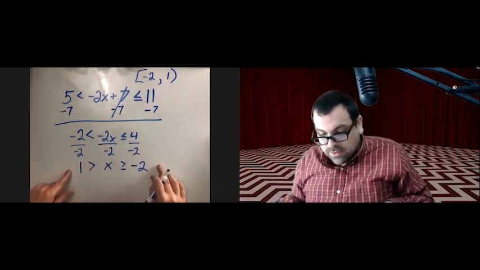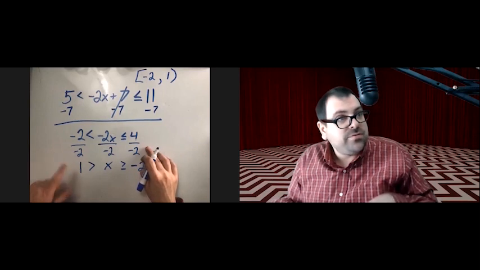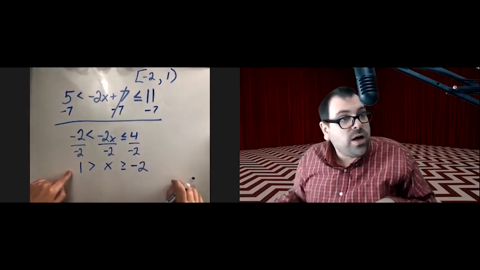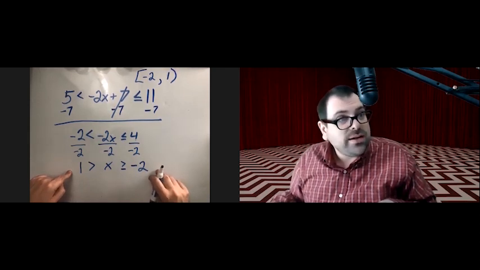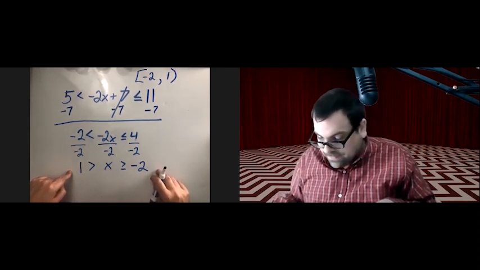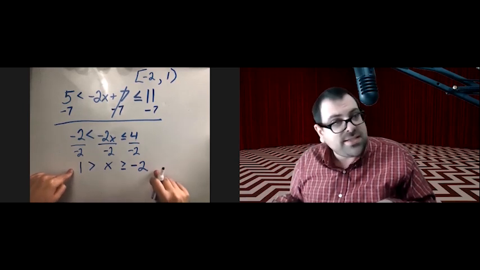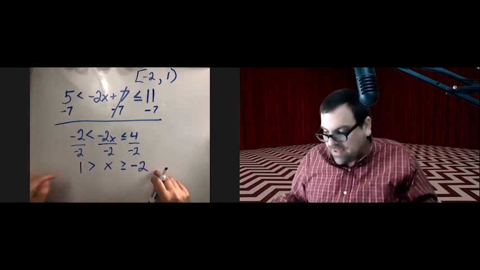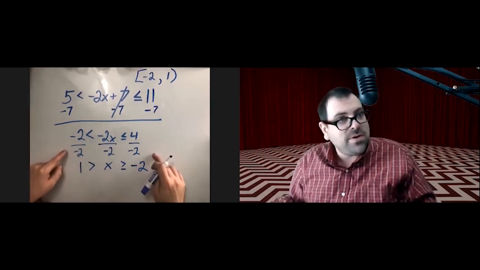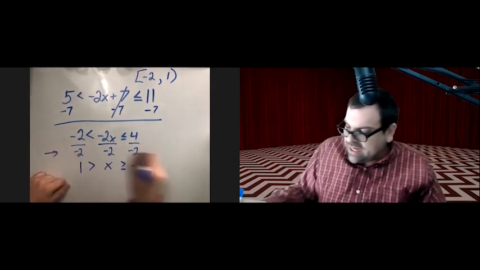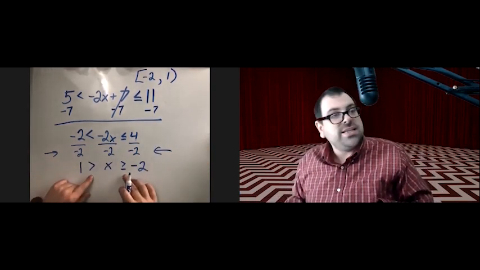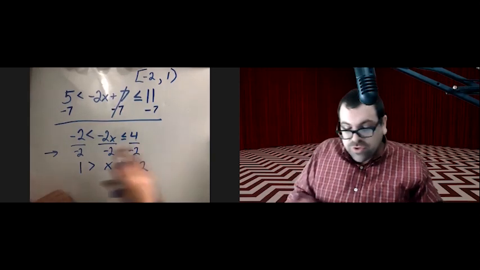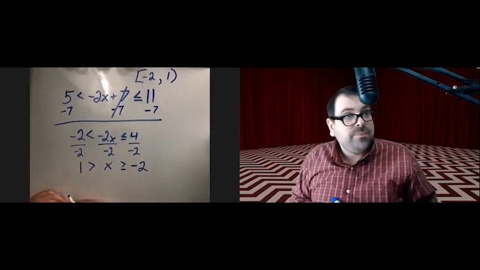But here, once we divide both sides by -2, there's a +1 on the left and a -2 on the right. Well, 1 is not less than -2. But guess what? The same time that became untrue was the same time we divided everything by -2, which switches the inequality signs, which means everything's okay again.